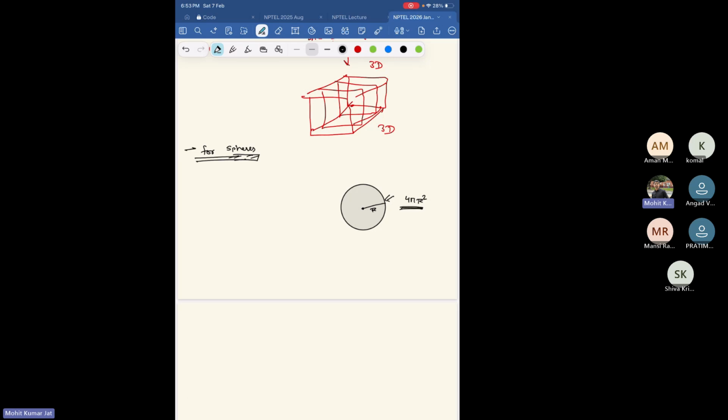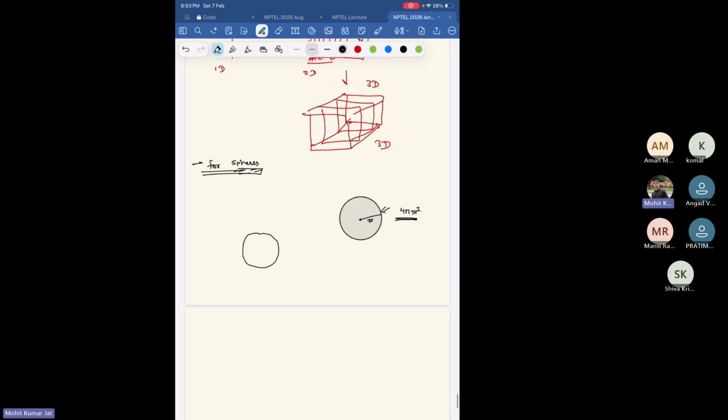I'm not going into that right now, but if you want to estimate the volume out of it, you think of it like this: this is your one area, 4 pi r square, and on top of that you start growing another surface which is infinitesimally thin.